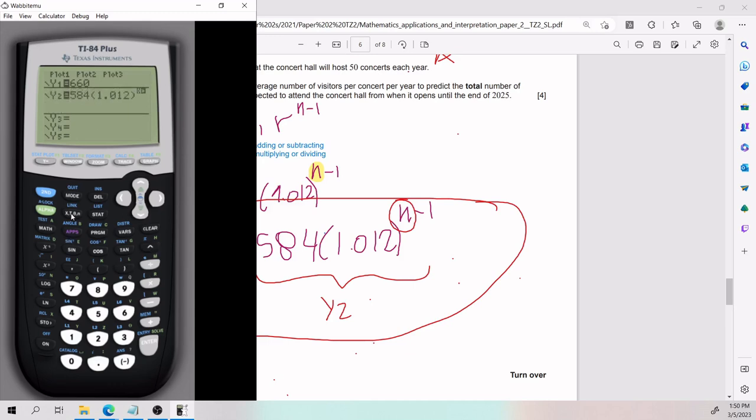Again, I do have a video on that, which goes much more in depth, but I'm going to go ahead and graph. Usually when you graph, you're not going to end up with the two lines actually showing up, because that's life. So you want to go to zoom, and sometimes zoom fit, which is zoom 0, will make them appear. That is usually my first go-to.